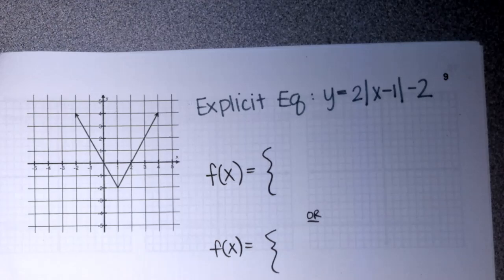Wait, can I use absolute value? You can use absolute value, but you have to use 2 different types of functions. So you should be using one linear, one absolute value.